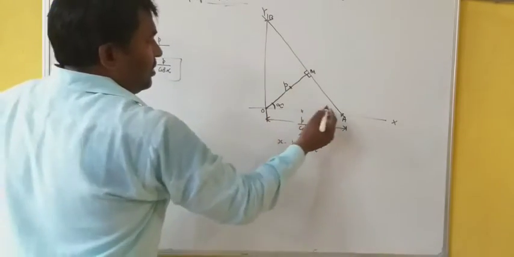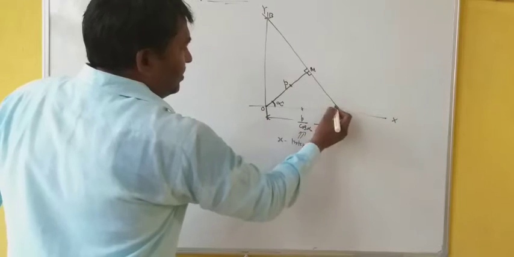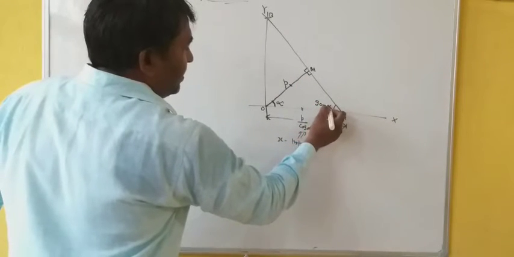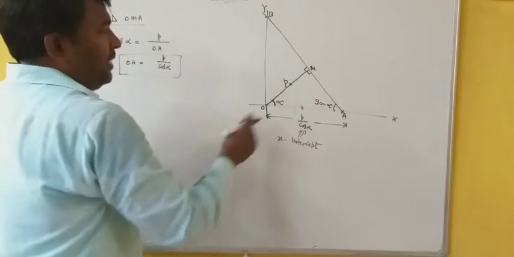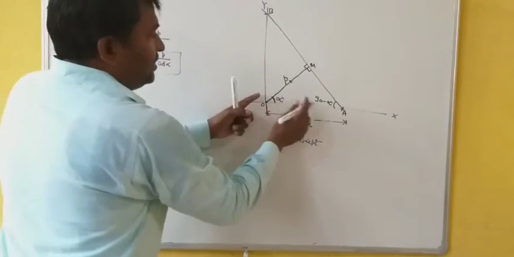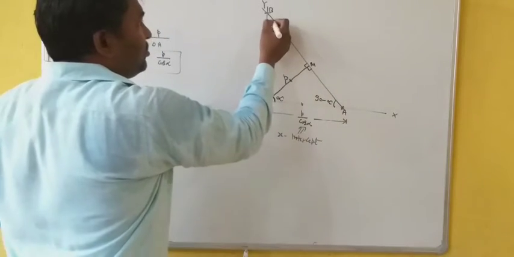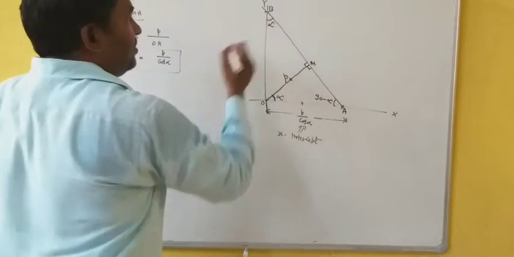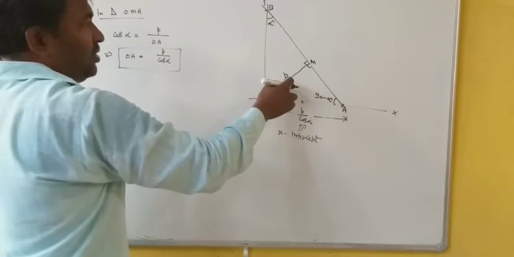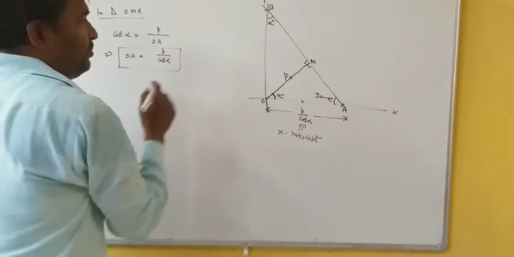So see, this is your alpha. This is 90. What is this angle? 90 minus alpha. Okay. And if in this right angle triangle this total is 90, and this is 90 minus alpha, then what should it be? It should be alpha. So for this angle alpha, this P is perpendicular and this OB is hypotenuse.